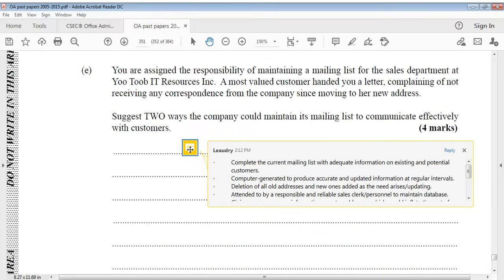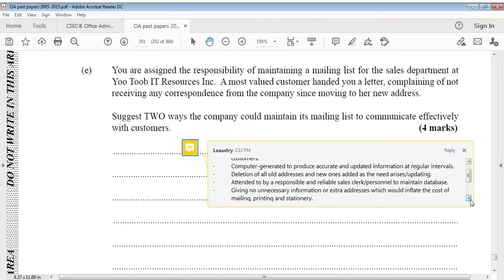Two, computer generated to produce accurate and updated information at regular intervals. That's another way. Three, deletion of old addresses and new ones added as the need arises. So you'll keep updating the information.